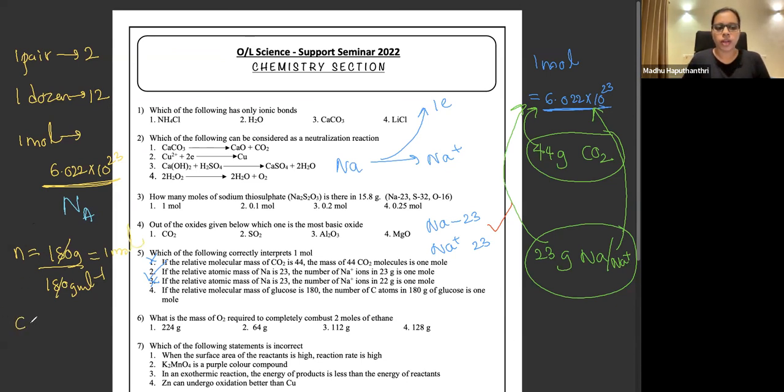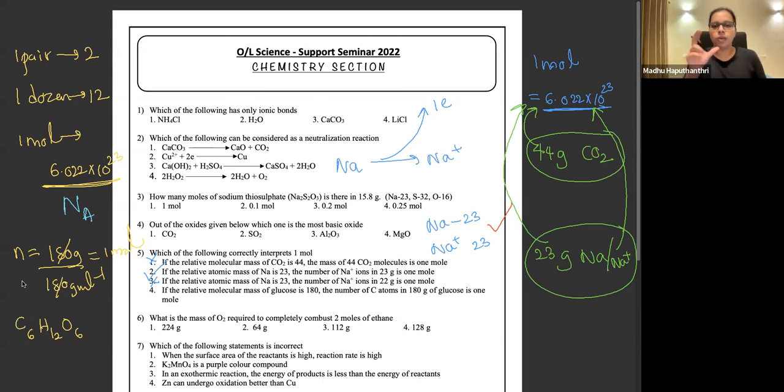Glucose formula is C6H12O6. So inside 1 mole of glucose, how many carbon moles are there? Right, 6. 6 moles of carbon are there.